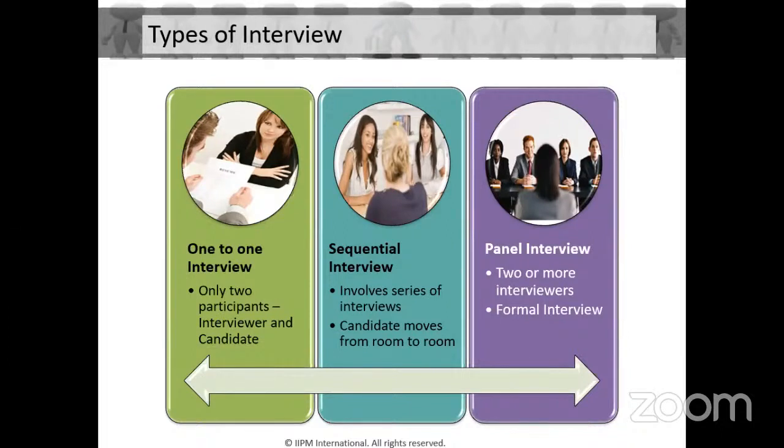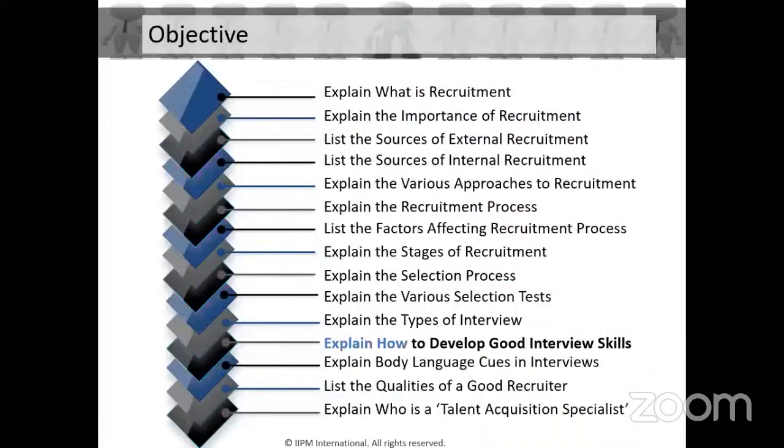It's like a formal kind of interview. So all of them are okay, depending on the kind of positions you want to fill. So you go ahead and conduct the relevant kind of interview needed for that vacancy position to be filled. So let's talk about how to develop good interview skills.